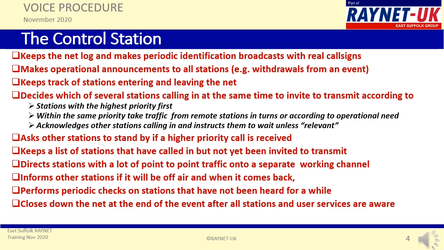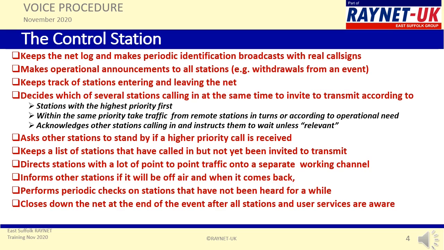Looking harder at what the control station has to do, the control station keeps the net log and makes periodic identification broadcasts with real call signs. In today's world, because of COVID, log keeping and controlling the net often have to be done by the same person.